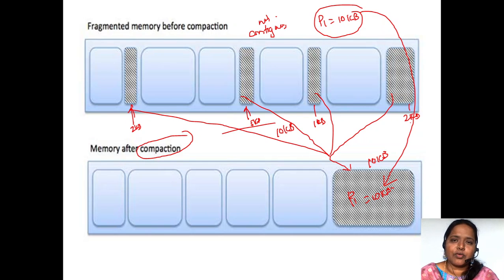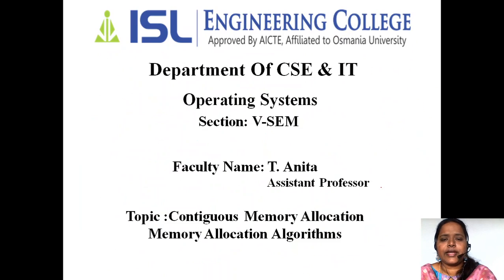So this is how contiguous memory allocation is done. In contiguous memory allocation we have fixed size partitioning and variable size partitioning. In fixed size partitioning we have internal fragmentation, and in variable size partitioning we have external fragmentation.